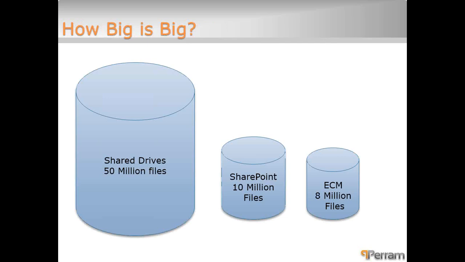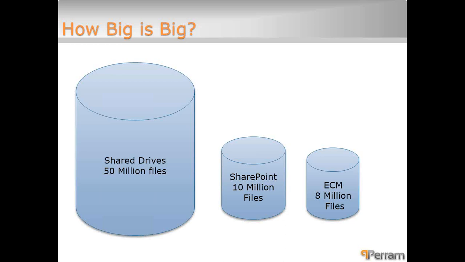If we dive in a little deeper and start to answer the question, okay, how big is big? We work with a lot of Fortune 500 companies where big is pretty big. Not uncommon to see 50 million files on a shared drive or a series of file shares or more, or many times more, but certainly 50 million. SharePoint's a bit of a wild card here.